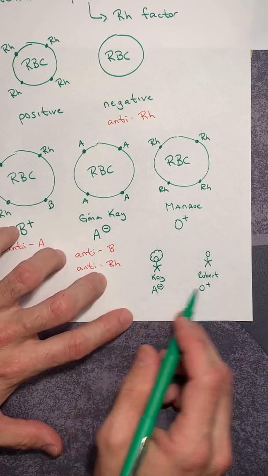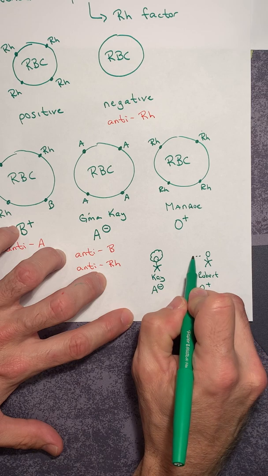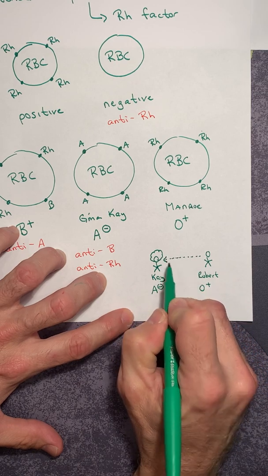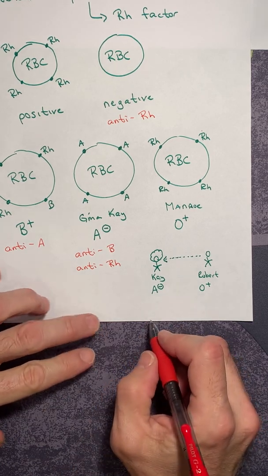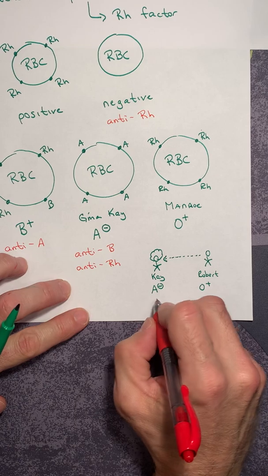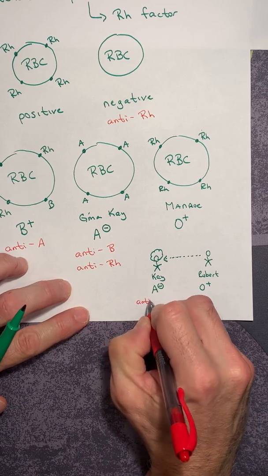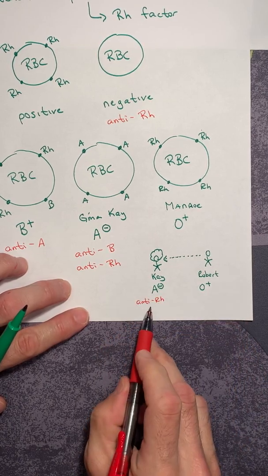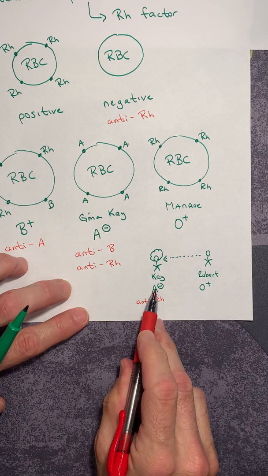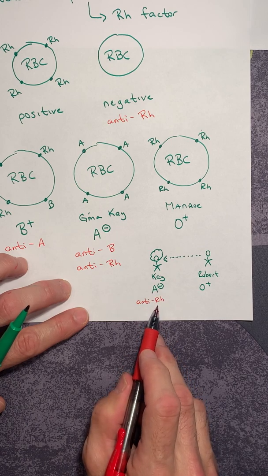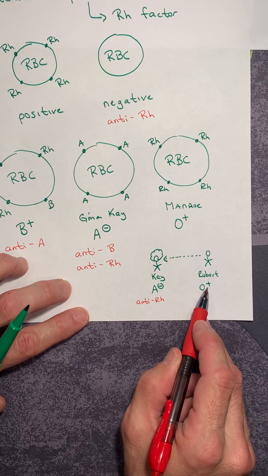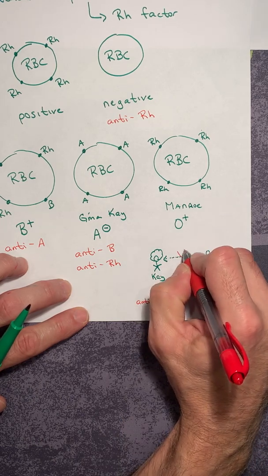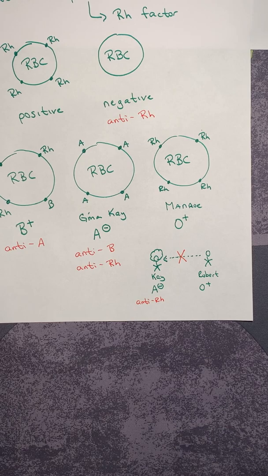Let's say that my mother needs blood. Can I donate my blood safely to my own biological mother? The answer is no, because my mother produces anti-Rh. Don't forget she's negative, so since she's negative, she produces anti-Rh. I express the Rh gene, so I cannot donate to my own biological mother.